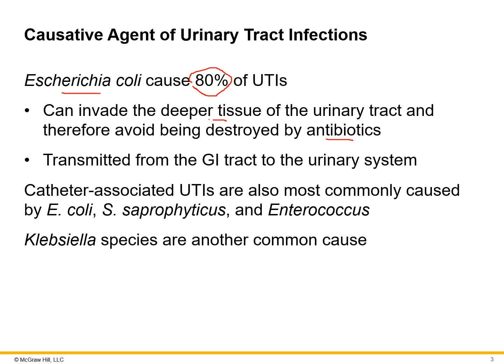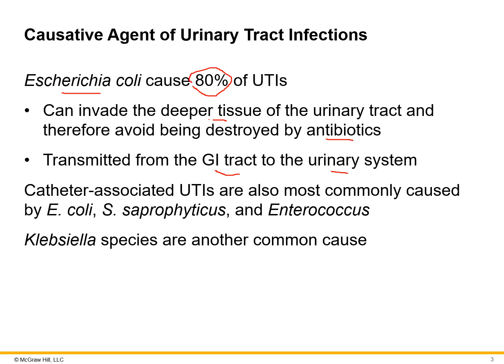So they can hide in those tissue layers. It is transmitted from the GI tract, where it is normally found, to the urinary system. So that's why it's important for females to wipe from front to back, to prevent the E. coli from being exposed to the urinary tract.